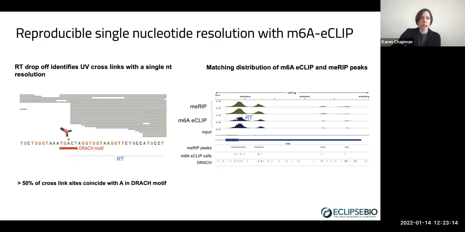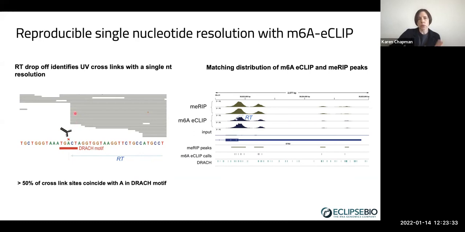And so you can see here that that cross-link of the antibody to the RNA, when the RT comes along, it tends to fall off. And we've actually developed some more nuanced bioinformatics pipelines around mapping that cross-link site.